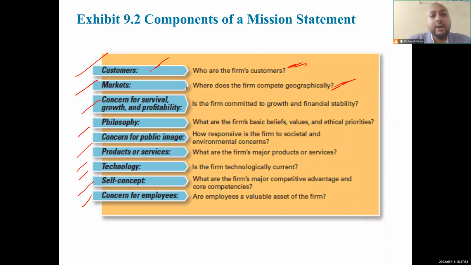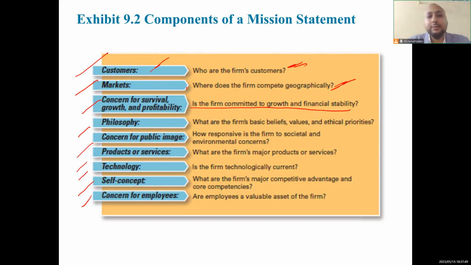Then concern for survival, growth and profitability. A mission statement will always talk about whether they are sound enough to continue for the foreseeable future, and also give some return to the investors.